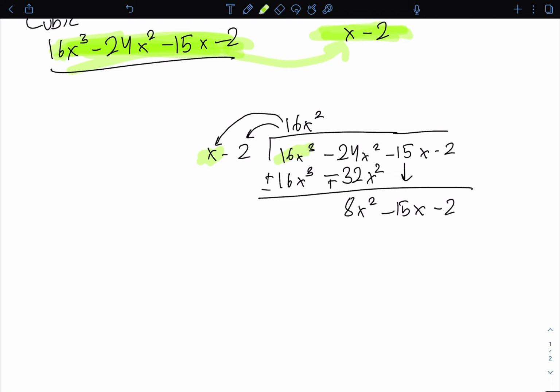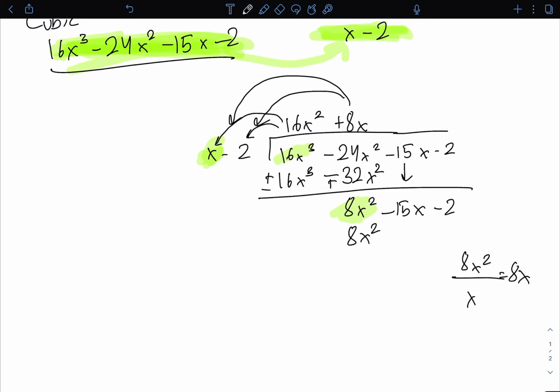Take the highest power outside of the house, move it outside, then the highest power inside the house, also move that outside, so we get 8x, and then we multiply it by each term. So 8x into x is going to be 8x squared, and 8x into 2 is 16. Well, it's minus into minus 2, so to be specific, it'll be minus 16x. And I'll just erase that for simplicity.